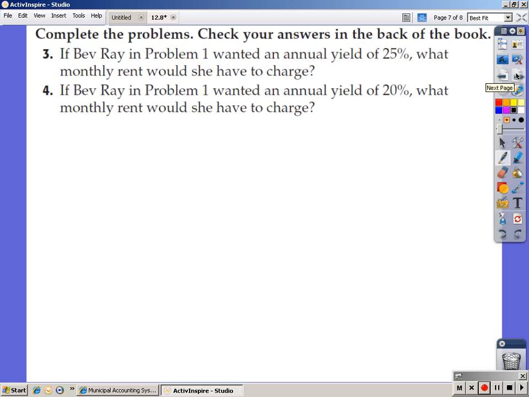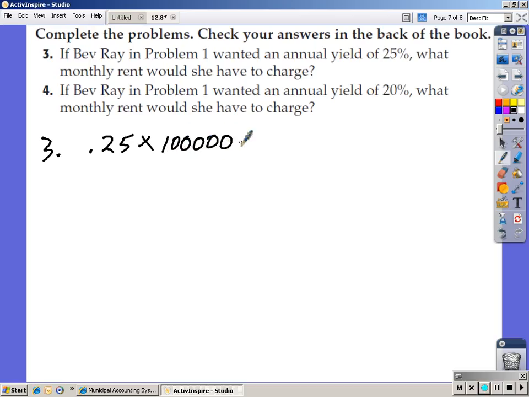Press pause to work them out and play to see them worked out. Okay, so number 3. If Bev Ray in problem 1 wanted an annual yield of 25%, what monthly rent would she have to charge? Take your desired annual yield of 25% times, looking back at problem number 1, her cash investment, which is $100,000.